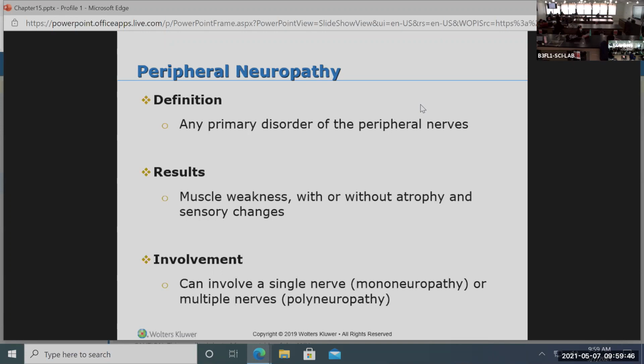This peripheral neuropathy we divide into two broad groups. Mononeuropathy, where only one peripheral nerve is involved. Polyneuropathy, where multiple nerves are involved. That's what they call poly and mono.